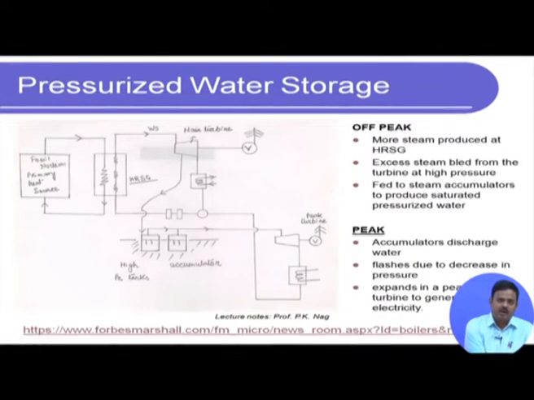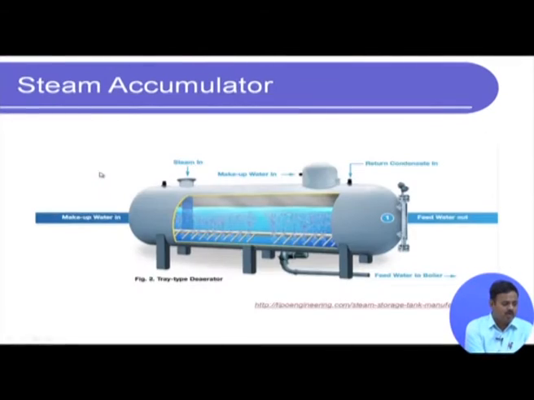As it is extracted, it is fed into what is called a steam accumulator. A steam accumulator, as you can see, is a cylindrical vessel. It can be quite large. It is a big vessel that contains water, typically at a high temperature, and the steam is injected into it through these injecting nozzles.